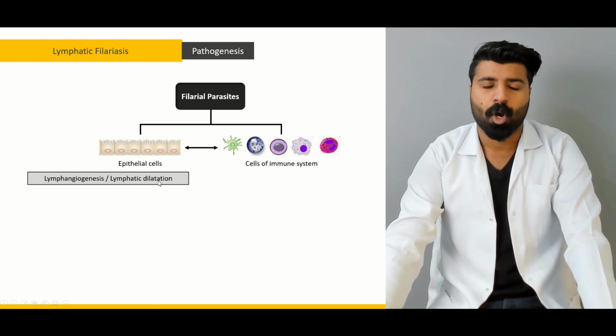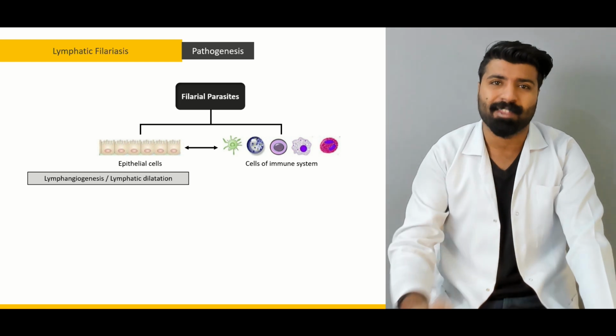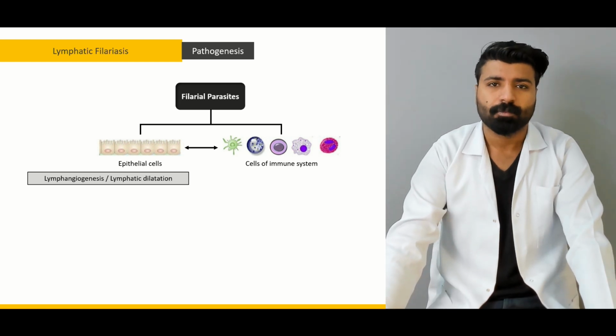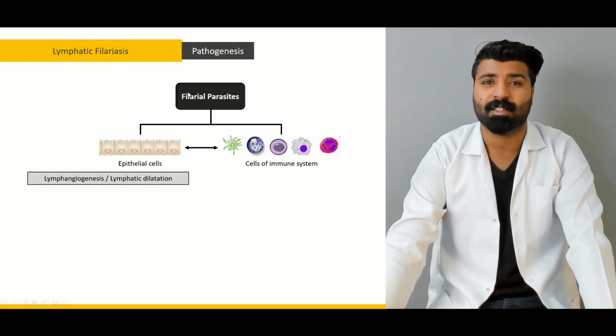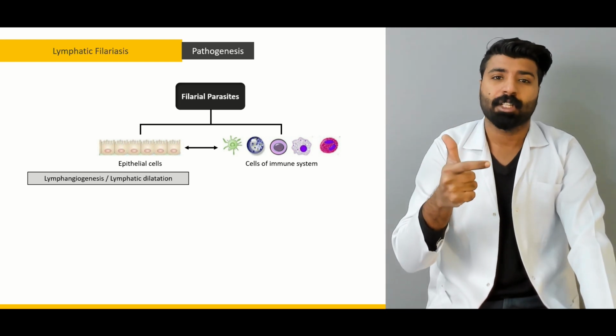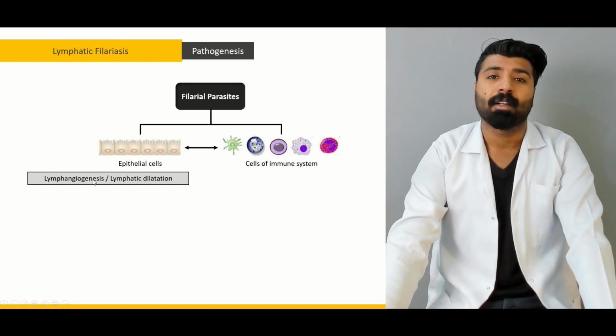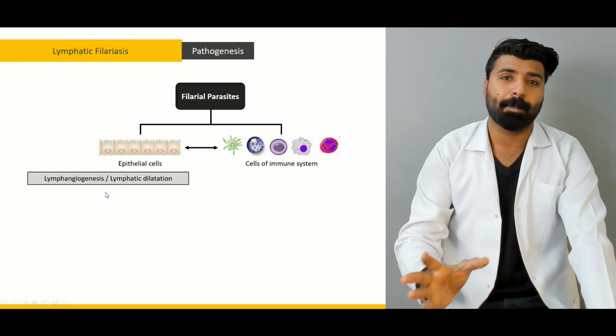Why? Because of the dead parasites, because of the infection of the parasite, because of the toxins released by that parasite. So the toxins released by these parasites are going to cause three things in the lymph. They are going to inflame it, they are going to dilate it, they are going to get it into lymphangiogenesis, and this will all be because of what?